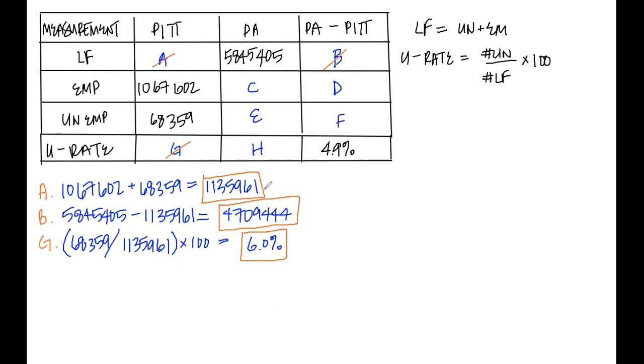Let's see. So if we look at this Pennsylvania excluding Pitt column, we can kind of work backwards. If we know the unemployment rate and we know the amount of the labor force, we can just rearrange this equation around to get the amount needed for unemployment.